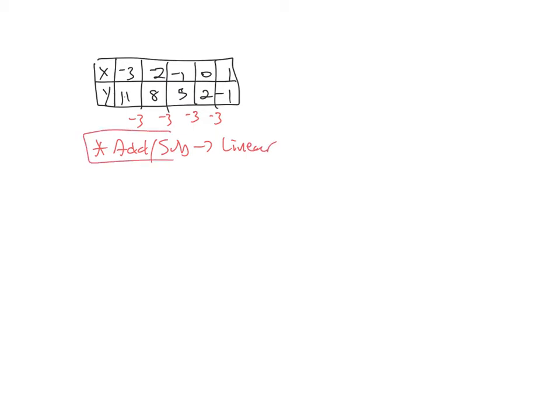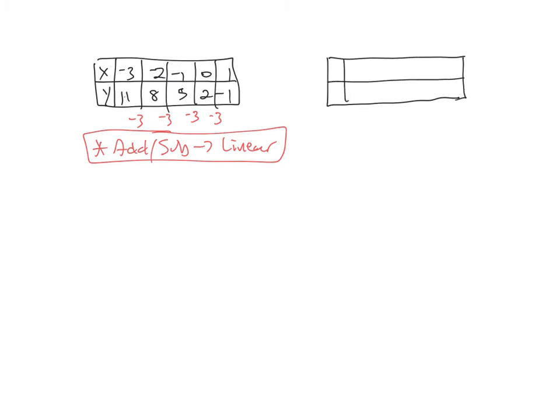Okay, so this table, if we put those coordinates on a graph, you'd be able to connect the dots and it would make a line. All right, so again, the x numbers will be there, but we don't need to pay attention to those.